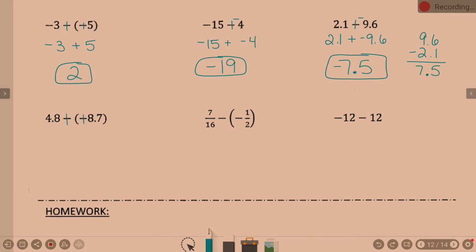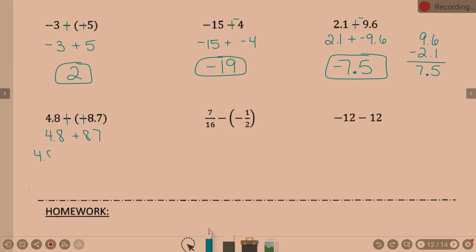What did this problem just become? 4.8 plus 8.7? It's good to know, guys, minus and negative is the same as just saying plus.